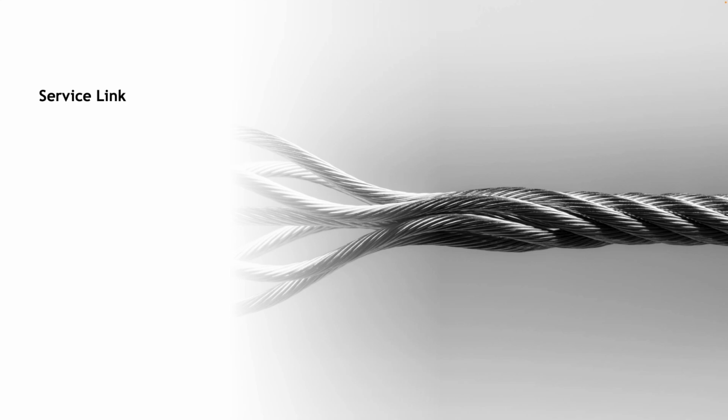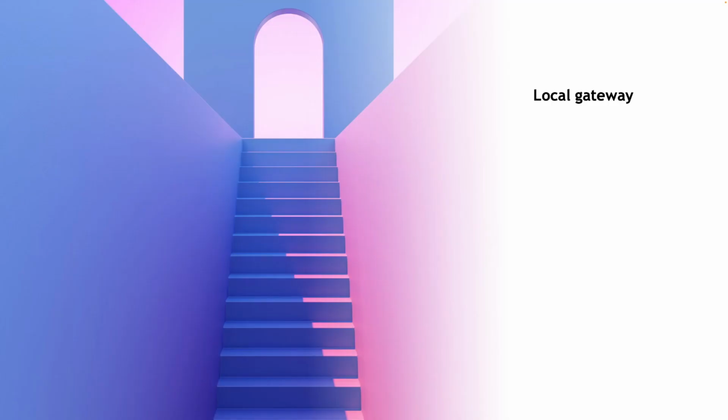Another is, as you have seen, the link which I showed between the Outpost and the AWS region, that's a service link. So we need to have that service link so that our AWS region can connect to the Outpost, right? And another thing which was also there in the diagram is this local gateway.